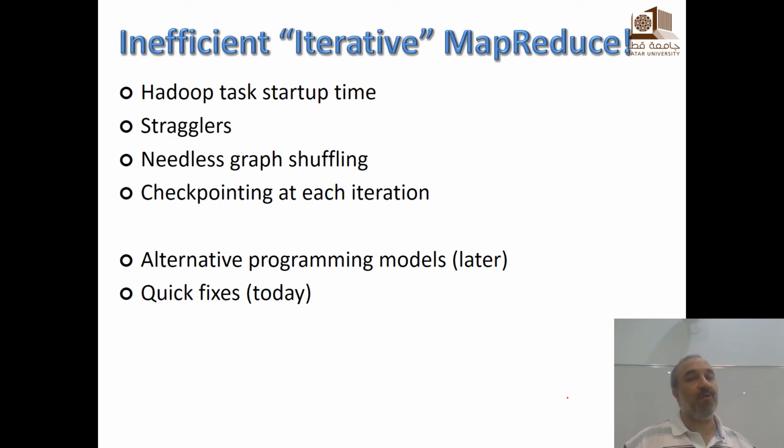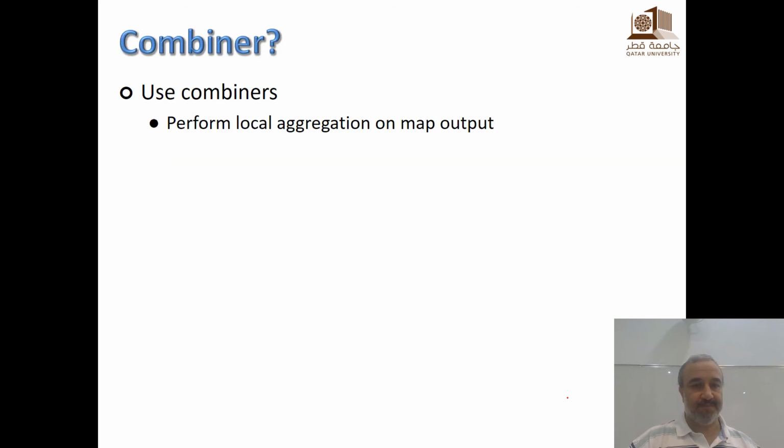There are, of course, programming models designed to handle this. Lots of work. We'll talk about some of them later. But for today, let's think about how we can solve some of these problems. And this is the last part of the lecture.